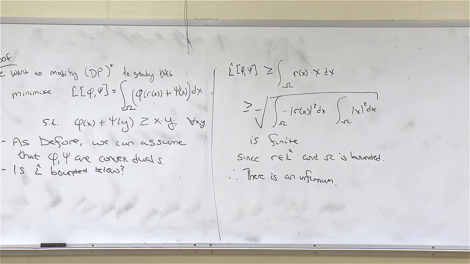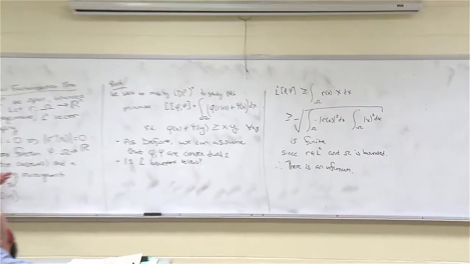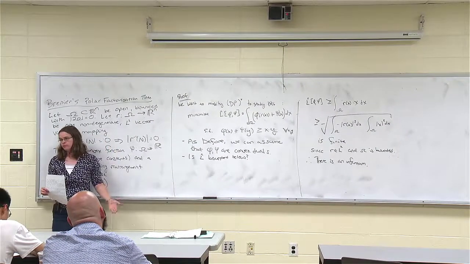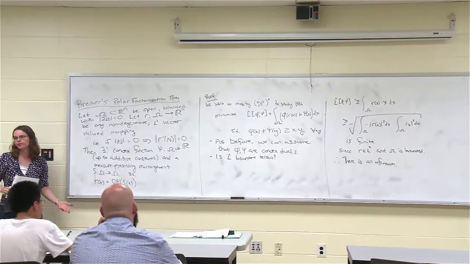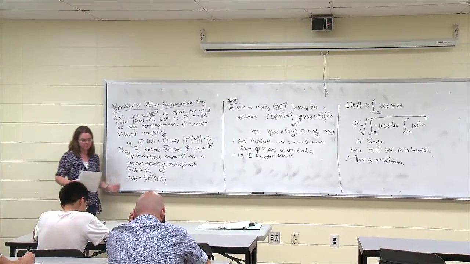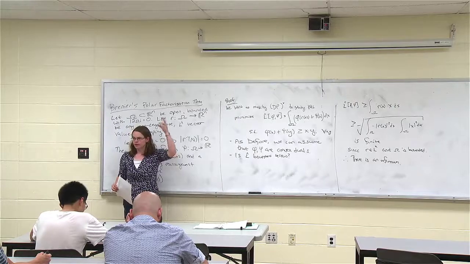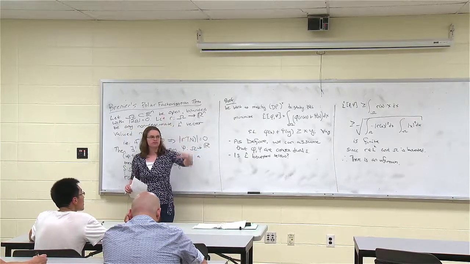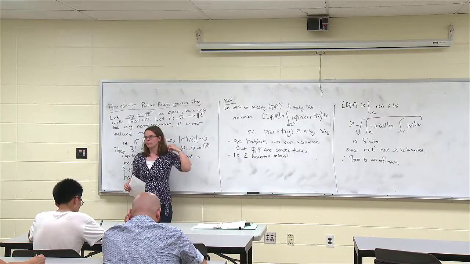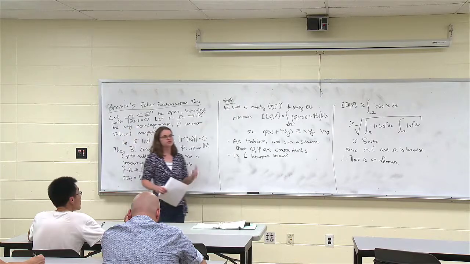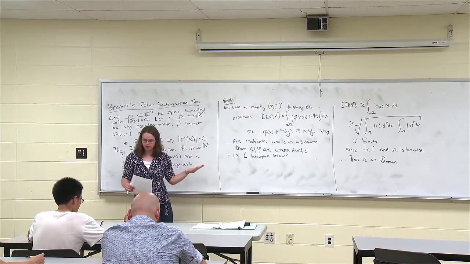Our next question is always, okay, we've got an infimum. Is it attained? Is it a minimum? I'm going to basically just tell you the answer. The answer is yes. And the reason is exactly the same reason it worked before when we were doing the optimal transport problem. We write down a minimizing sequence, make some argument that it's equicontinuous and uniformly bounded, just like we did before.